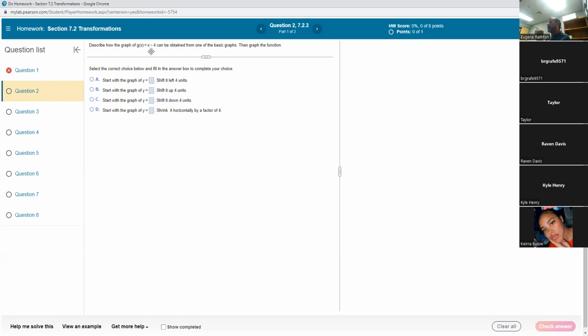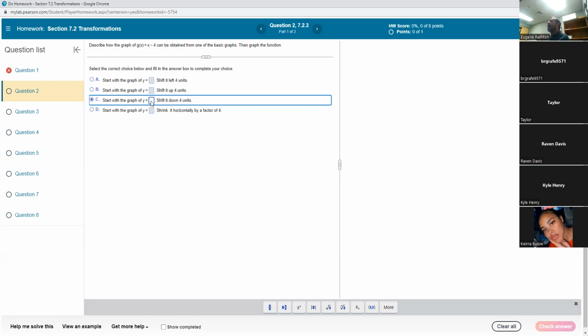And y'all, I'll tell you this, you'll treat that negative 4 like the b. So y'all said, let's see, move it down 4 units, perfect. So I need to find the one that said shift it down 4 units, which would be C. And this would be the y equals x graph. So we just put in an x in that, and you would check your answer.